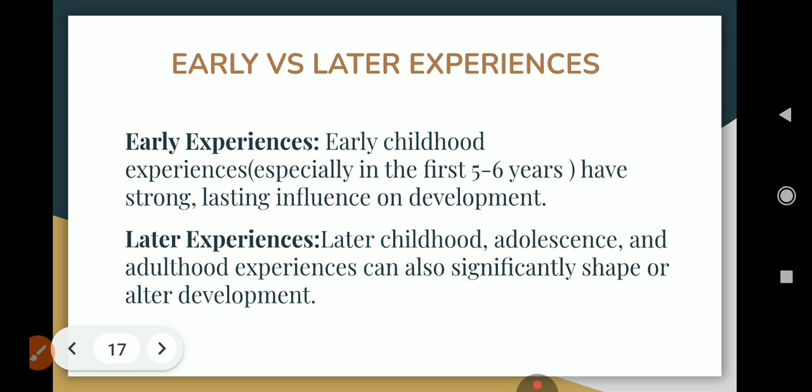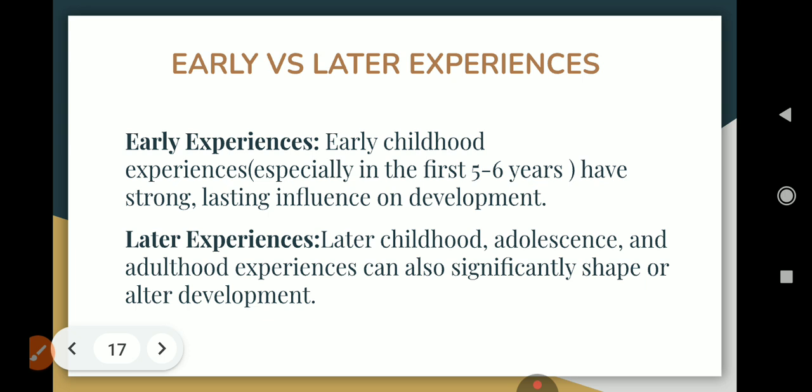If you take a child who receives warm care and a happy family, a good school environment, it will develop trust and confidence in the child, and he'll turn out to be a better performing child.